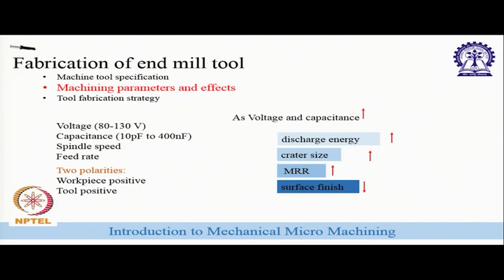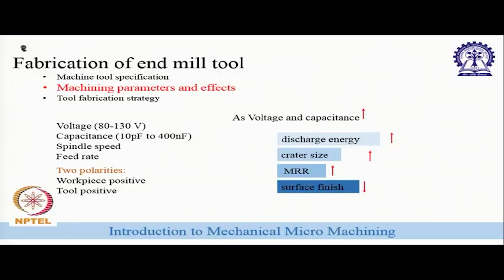Capacitance we can change from 10 picofarad to 400 nanofarad, and we can change the spindle speed and define the feed rate. And two polarities we can set, as I told you, the tool and workpiece will be connected to the DC power supply. Either the workpiece can be positive, or the tool can be positive. That's positive polarity or negative polarity.